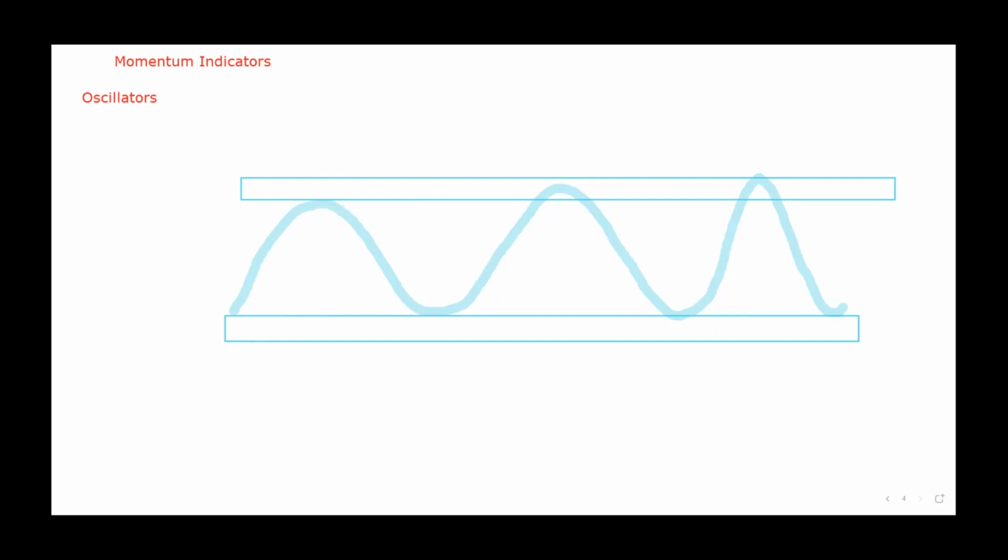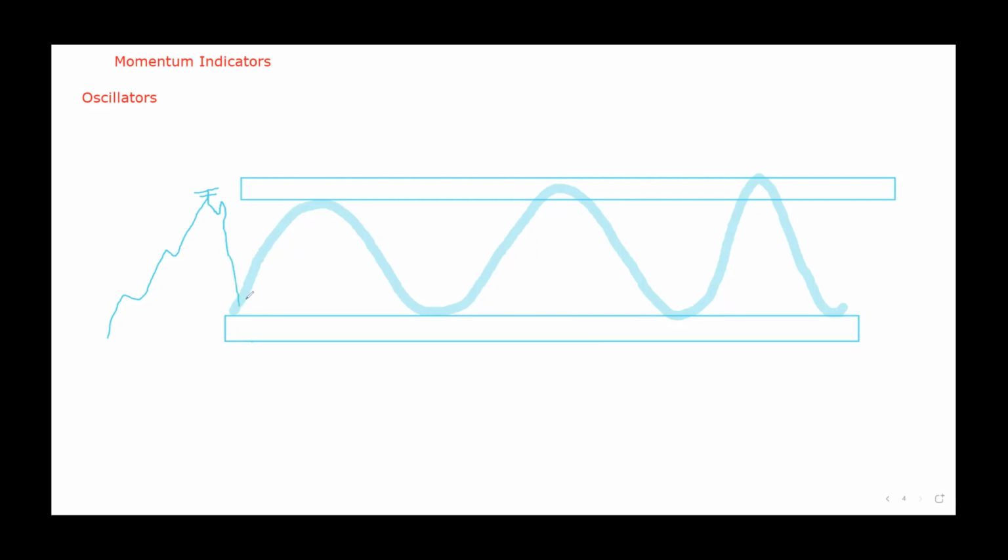The upper boundary happens when, let's say, price is trending up and the oscillator is also going up. There's going to be a point when the oscillator is going to get to this upper boundary. At that point, the signal we're going to have is that there is going to be some form of weakness. Now, we don't know how strong that weakness is going to be, whether it's going to be a tiny weakness or a deep weakness or a very deep weakness.